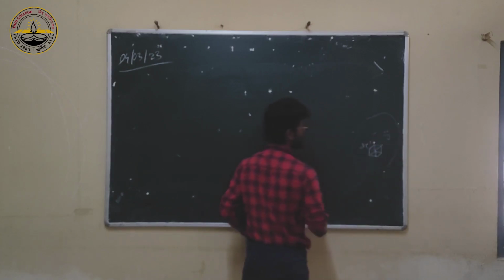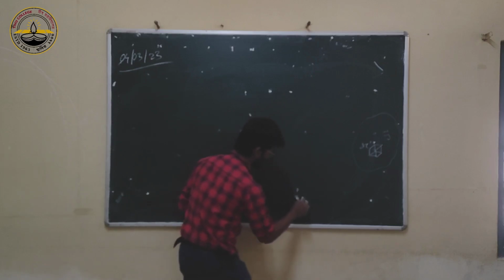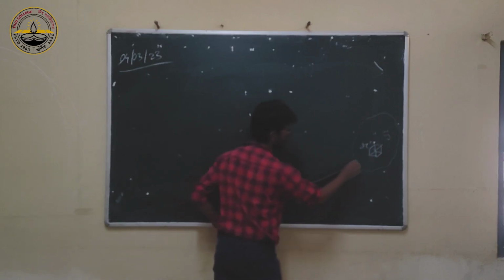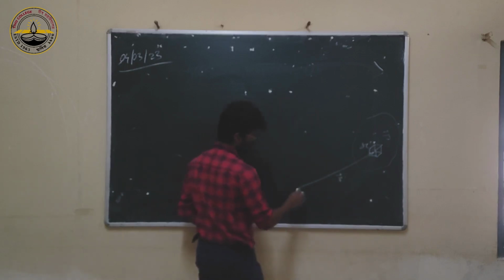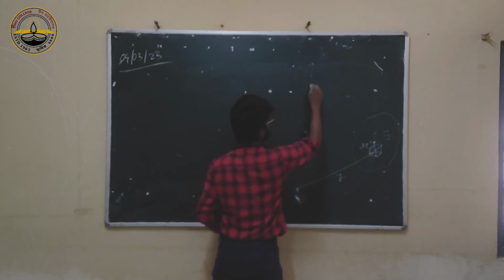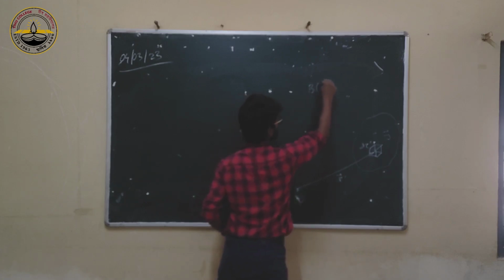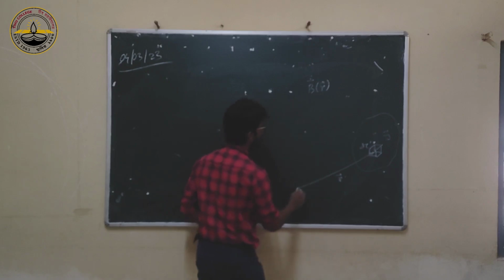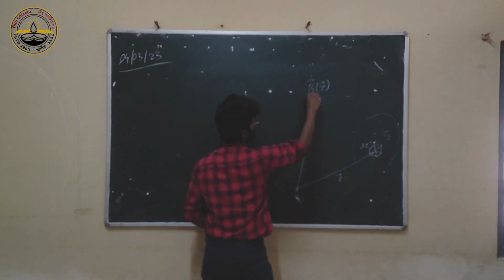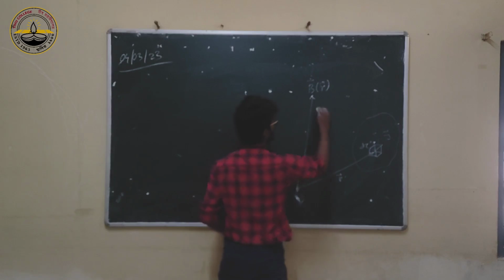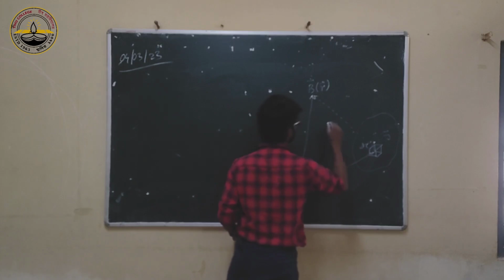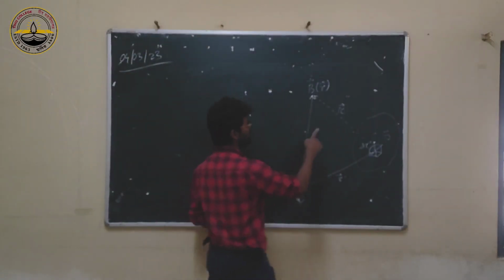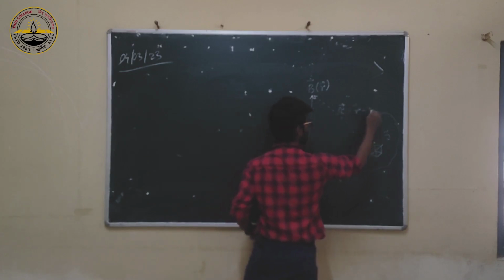This volume is d tau prime, and we choose an origin from which this lies at the r prime coordinate. We are going to calculate the magnetic field somewhere here, let's say. So r is the position vector of the point where we are going to calculate it, while this difference is this vector, script r equals r minus r prime.